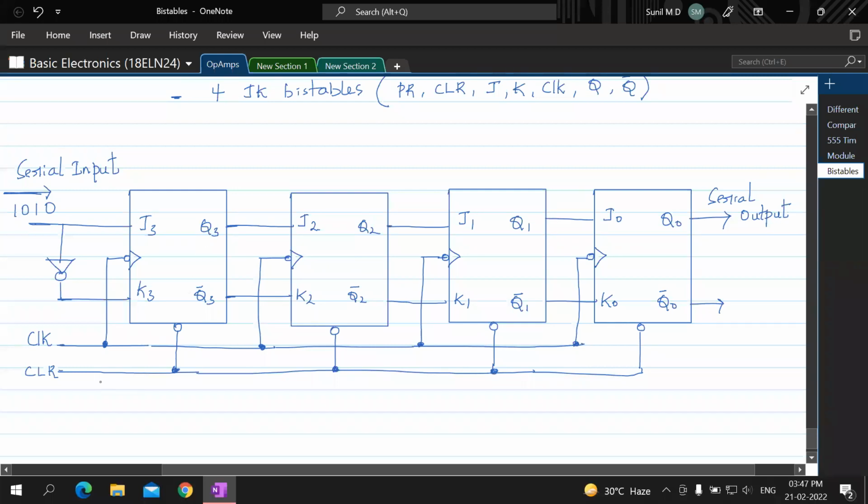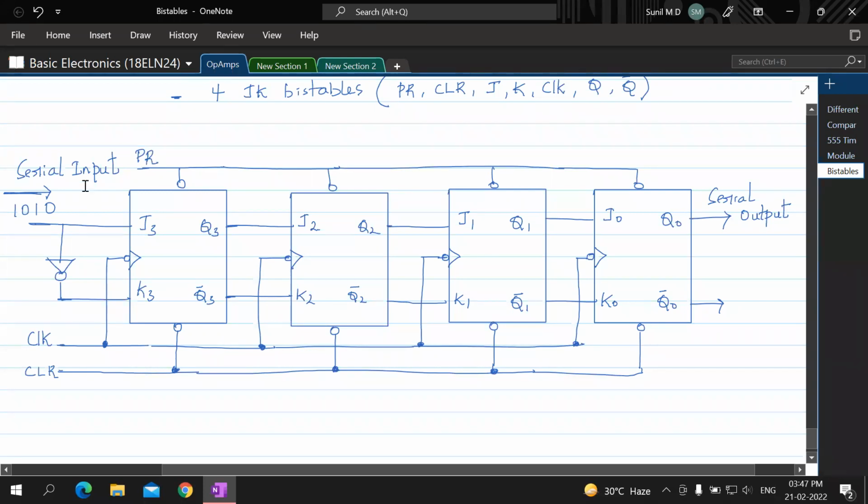And along with clear, we need to have a preset also. So let's do that preset here, the common preset to all the flip-flops, mind you. So this is the preset pin, PR.